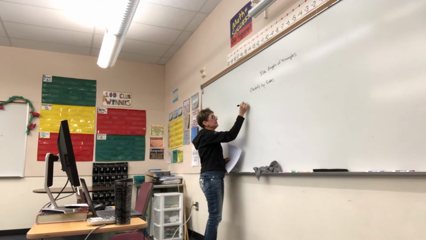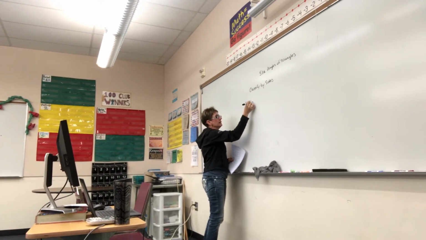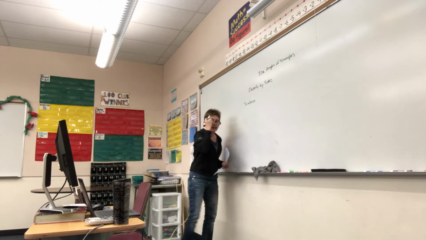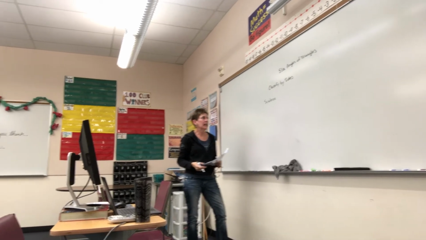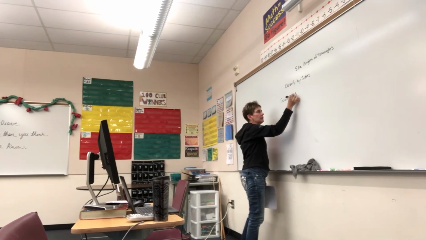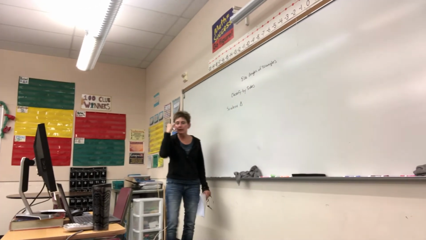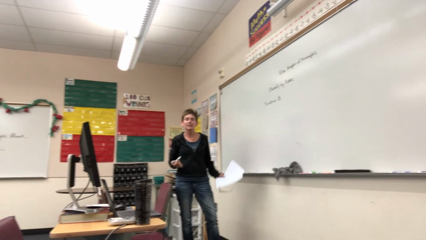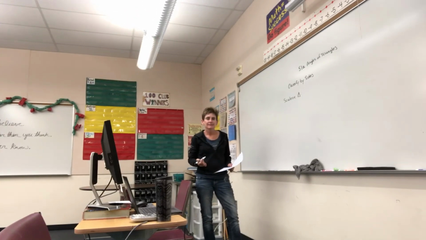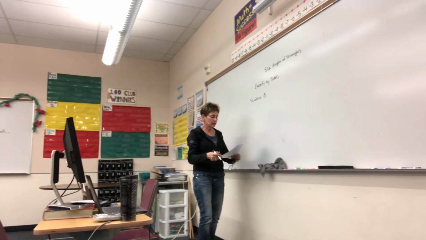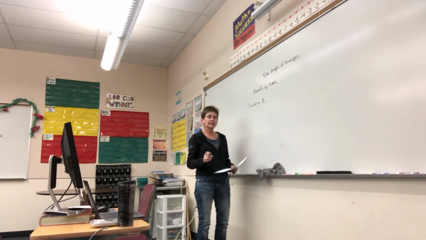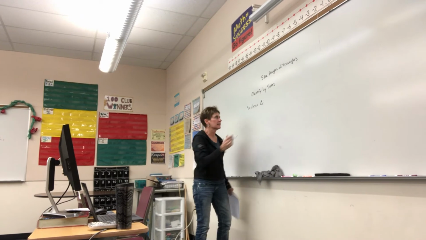The first one is a scalene, that's spelled S-C-A-L-E-N-E, scalene triangle. Do you remember what that means? What is a scalene triangle? A scalene triangle has sides of 3 different lengths.